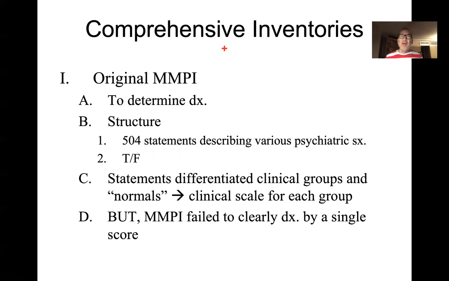Now, when the MMPI was developed, as mentioned earlier, and I'll just refresh your memory very briefly, they got two samples of subjects, psychiatric and non-psychiatric. The non-psychiatric were family members of psychiatric patients at the University of Minnesota Teaching Hospital.